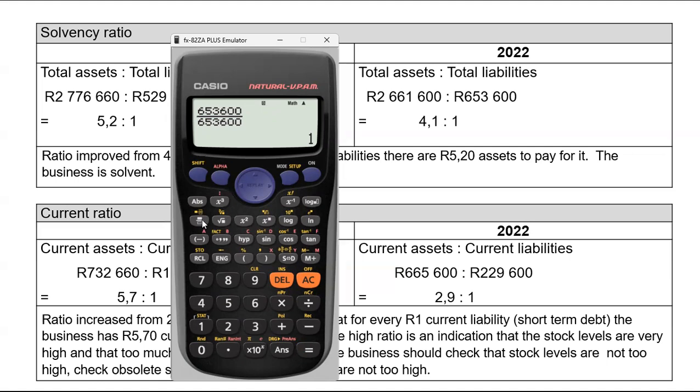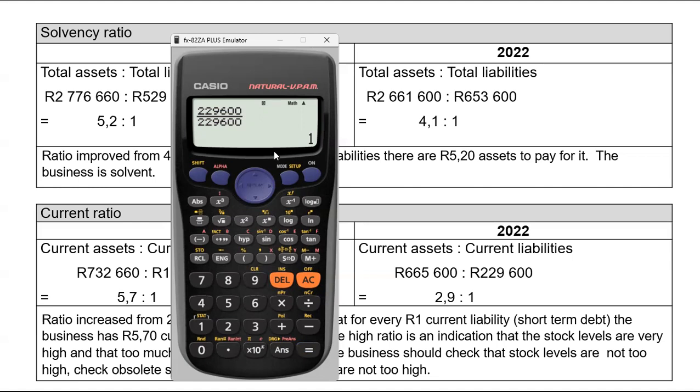Oh no, this here is all about the solvency. Why am I doing solvency? Now let me just go back to current ratio. So for my current ratio, I took 229,600. You will divide that by 229,600. That's the one that you have on the side of your current liabilities. So it'll be 229,600, and that'll give me 1.